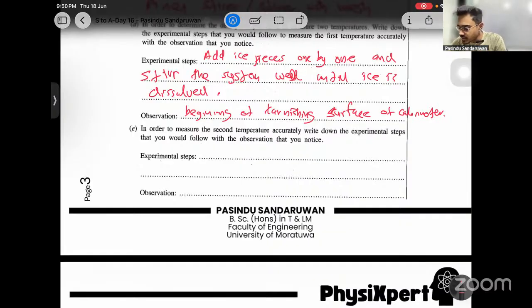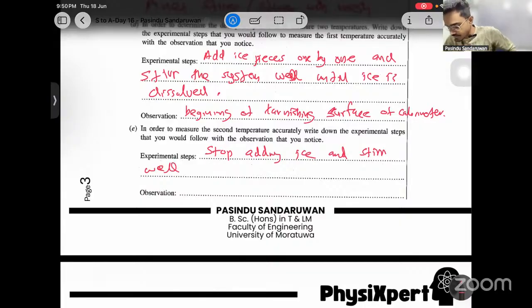Experimental steps: first stop adding ice, and stir well.